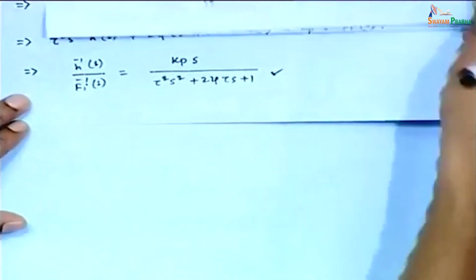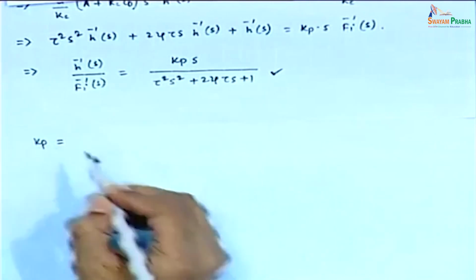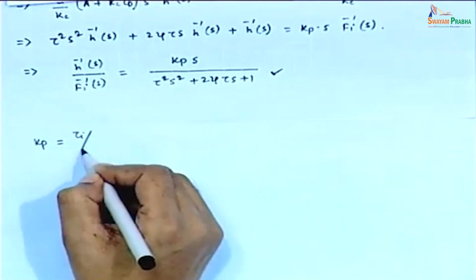Now, here Kp is equal to tau I divided by Kc.